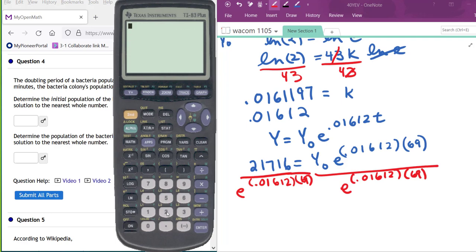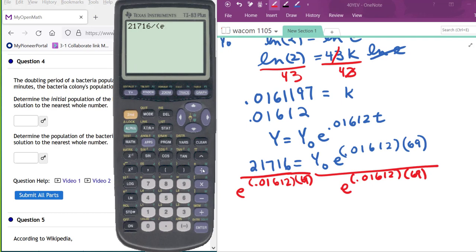So I have 21716, and I'm ready to just go ahead with a division. I'm going to put this whole denominator in parentheses just because I'm cautious. All right, parentheses are your friend.